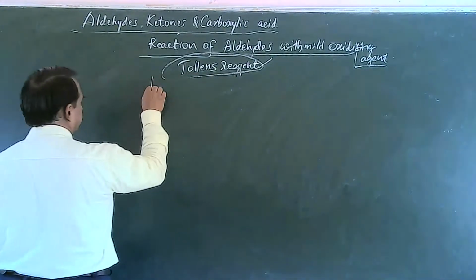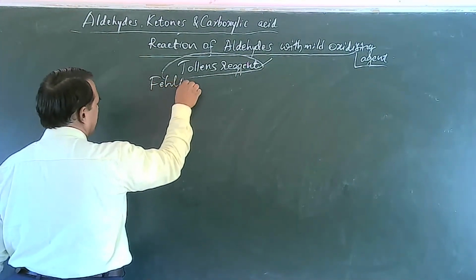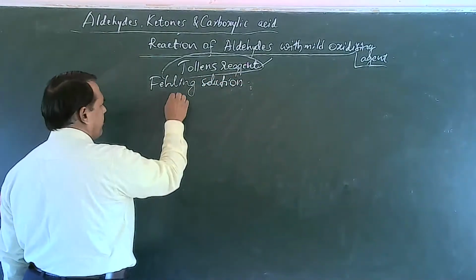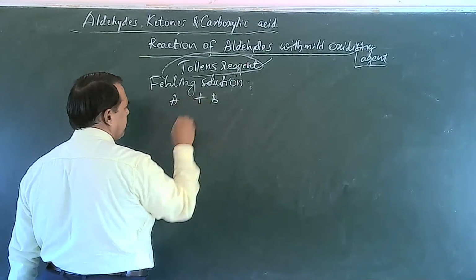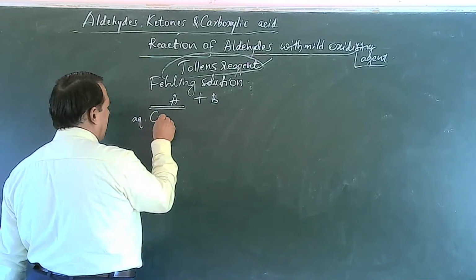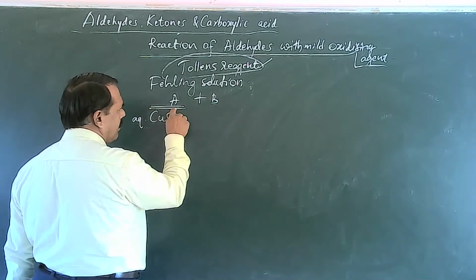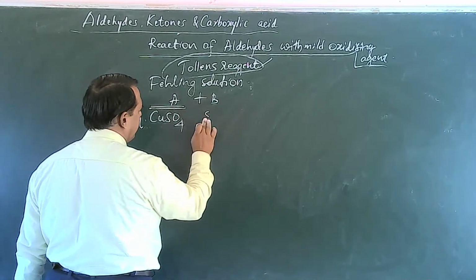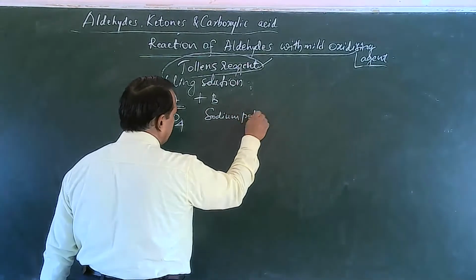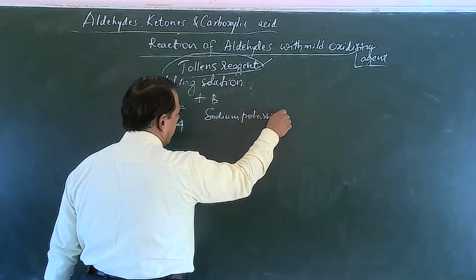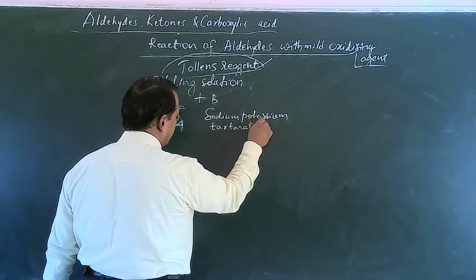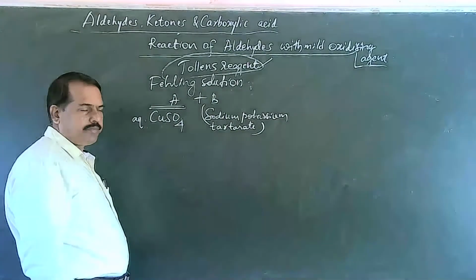Fehling solution consists of Fehling A and Fehling B. Aqueous copper sulfate is called Fehling A, and Fehling B is sodium potassium tartrate, and this mixture is called Fehling solution.